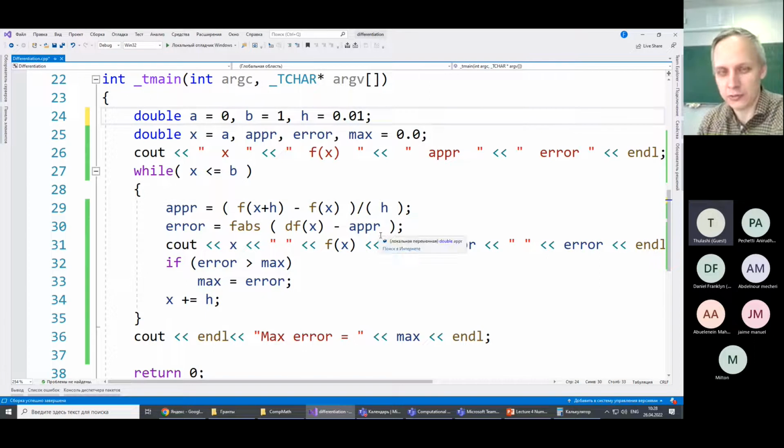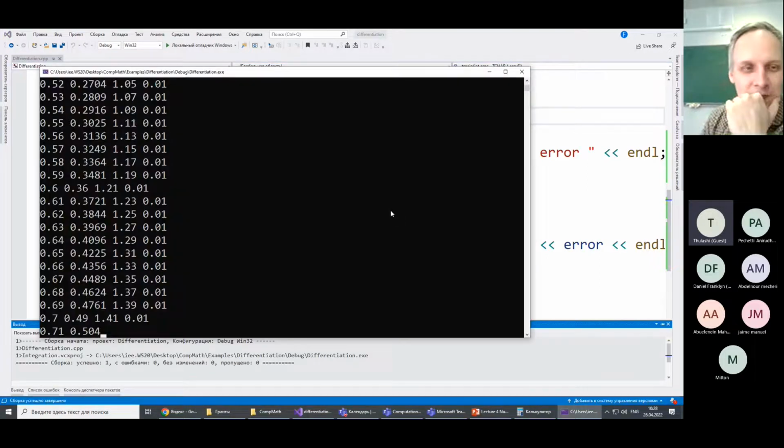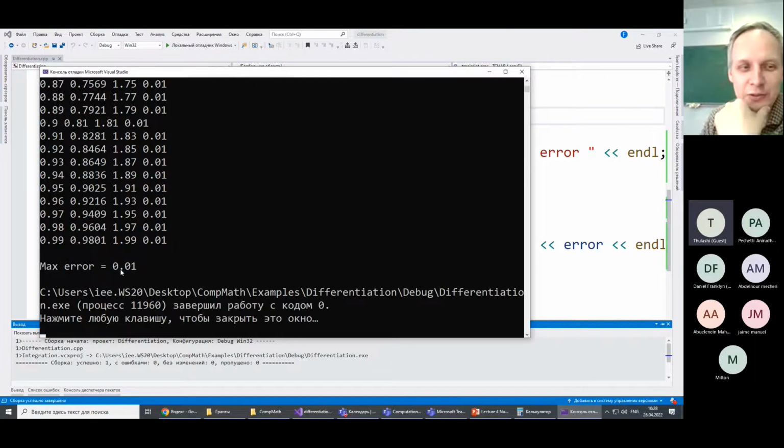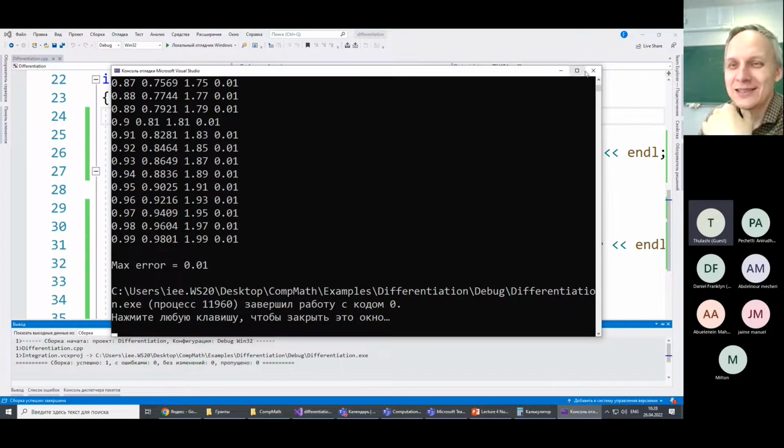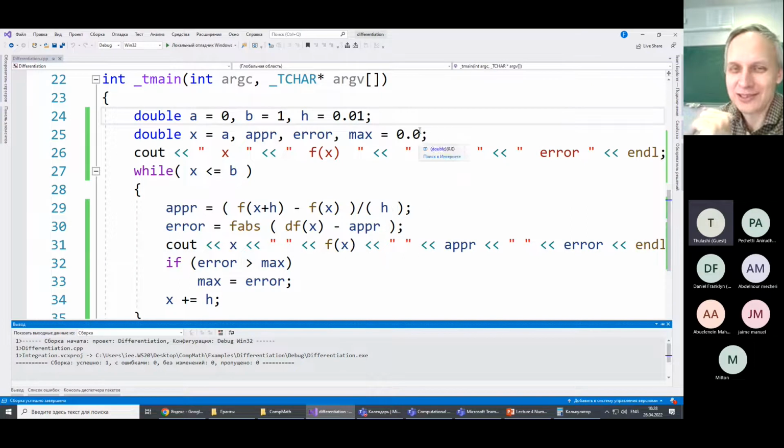If I reduce the value, the error equals 0.01. So it's not machine 0. It's not a 0 value.